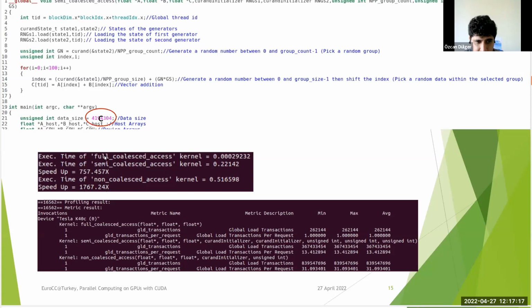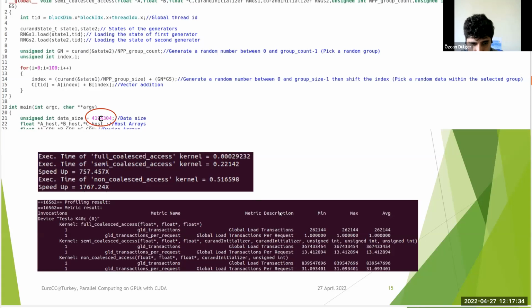So if you make them with full coalesced access to global memory, we achieve these speed ups over the other versions.